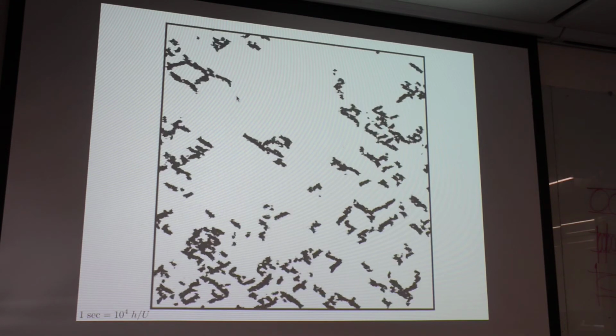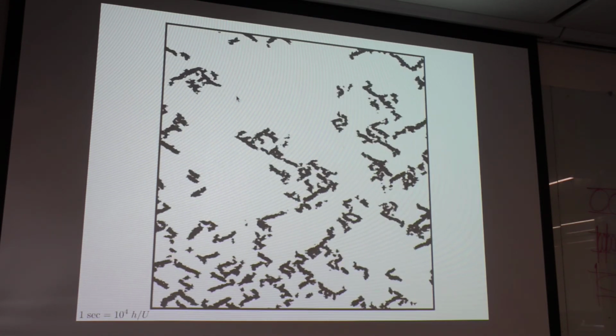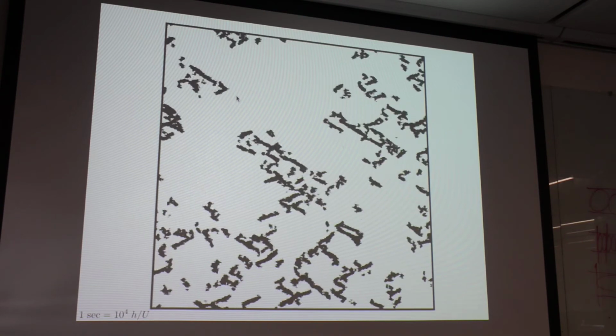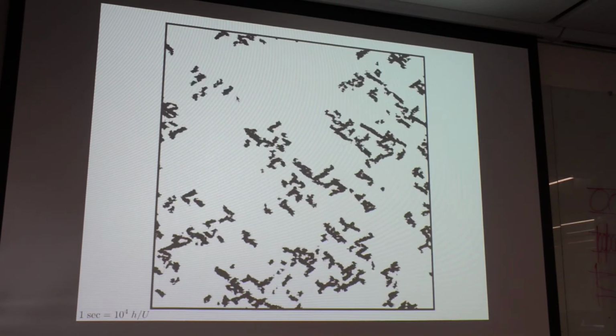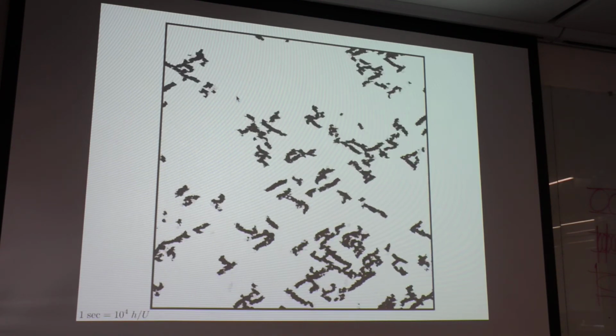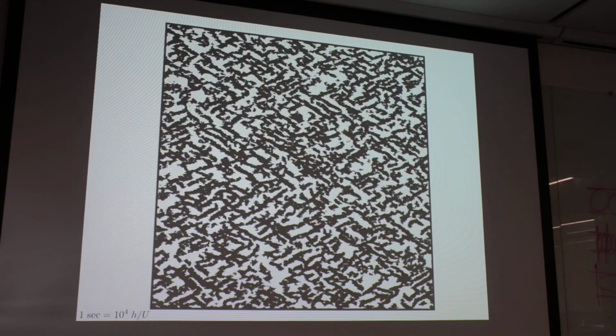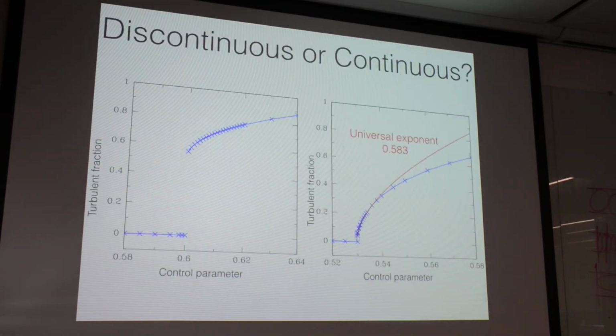If you need a minimum amount of turbulence, or you get no turbulence at all, then it's discontinuous. Supposing you can't be turbulent with less than 20% turbulence. That's the big question we want to ask: is it continuous or discontinuous?